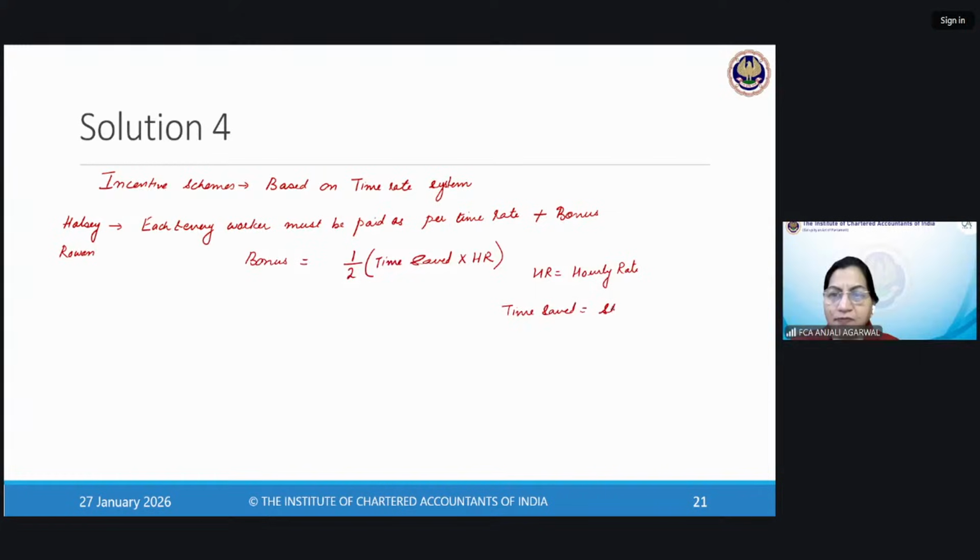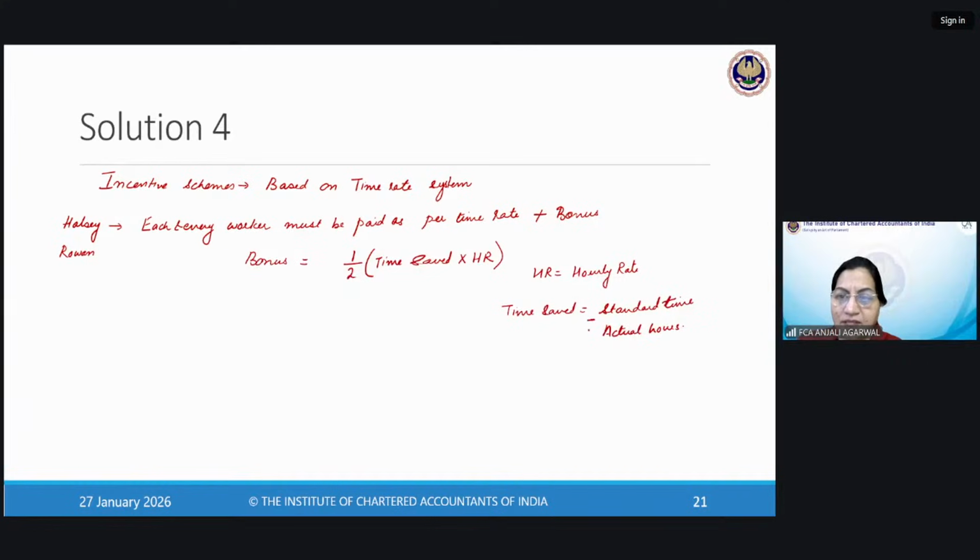The standard time for a job must have been provided by engineering and timekeeping and time and motion studies. And the actual time taken by him to do the work, actual hours, would also be given.